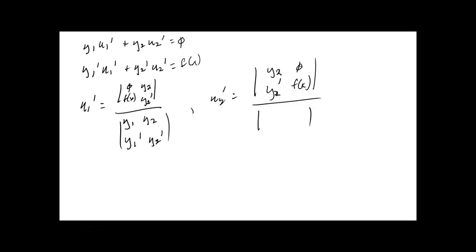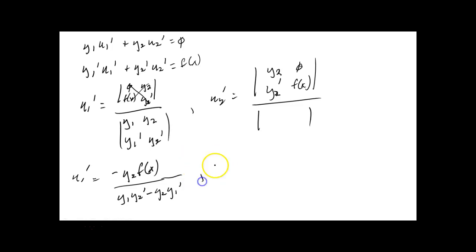Okay? So this would be, that one's 0, minus this. u1 prime is equal to minus y2 f of x over, and this would be y1 y2 prime minus y2 y1 prime. Agreed?